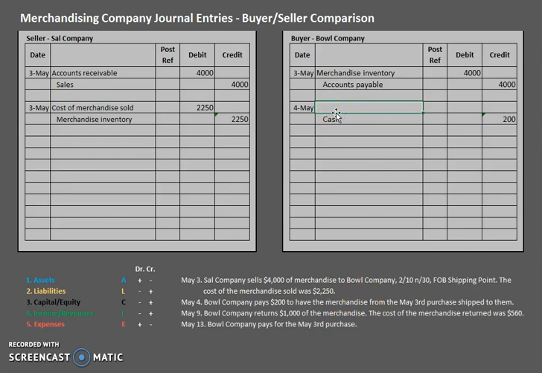We actually are going to increase the merchandise inventory account. It's a very important rule, and it's probably going to take a little bit of practice to remember that one. So remember, if it's FOB destination and the seller is paying, then it would be a delivery expense. However, if it is the buyer and it's FOB shipping point, in that case it would be an increase to merchandise inventory. Okay, now let's look at the seller's perspective.